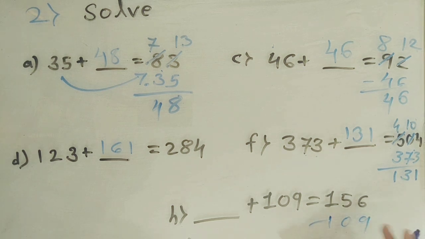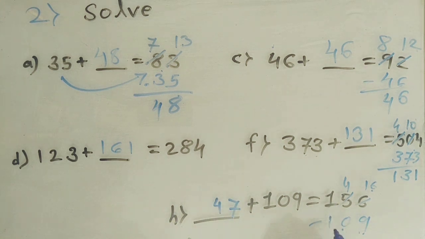Now see this 109. Minus. So 6 minus 9 is not possible. This 6 will ask for a borrow from this 5. So this 6 will take 1 from the 5. So 6 will become 16. 5 will become 4. And 1 minus 1 is possible. Now do the subtraction. 16 minus 9 is equal to 7. 4 minus 0 is 4.